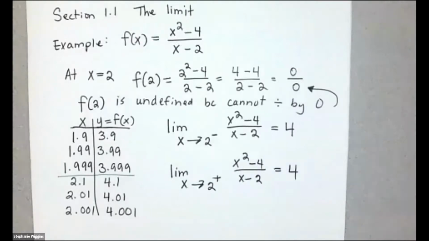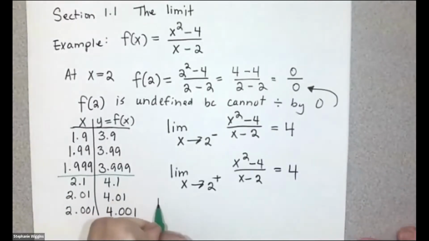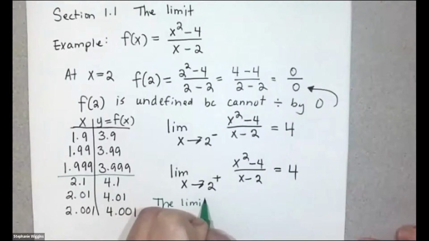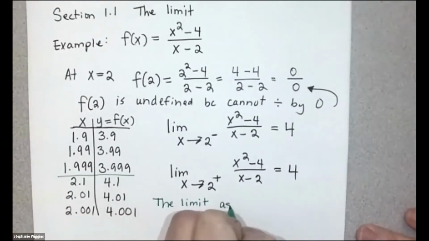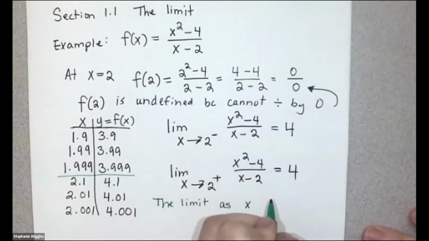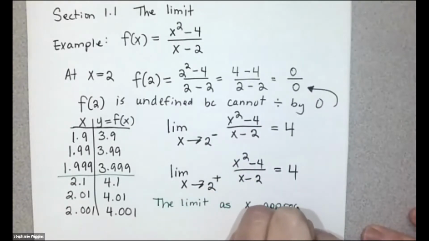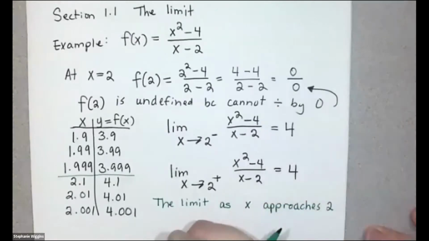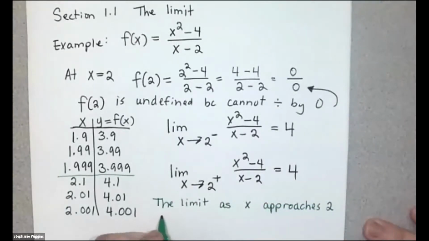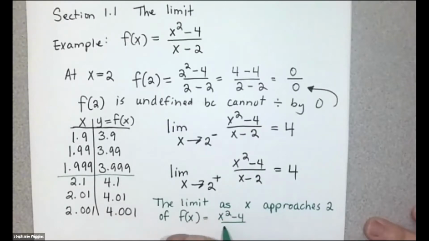Okay, so that's the notion of a limit. And because they're coming closer and closer to 4 from both sides, in general, the way we word this is we say the limit as x approaches 2 of our function f of x, and our function is (x squared minus 4) over (x minus 2) in this example, is 4.